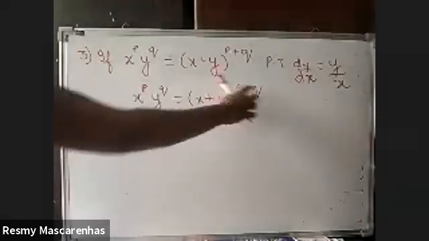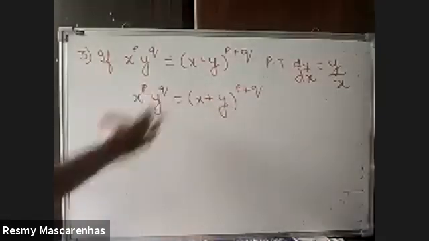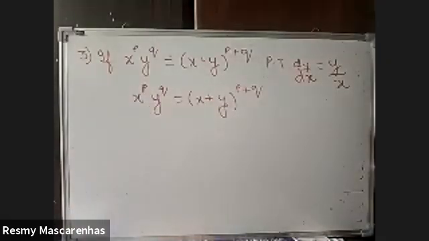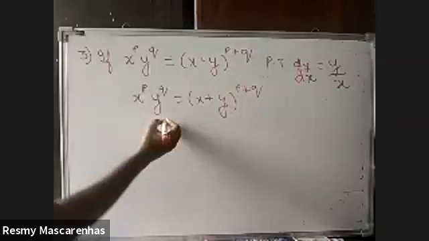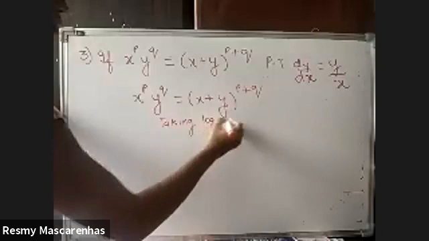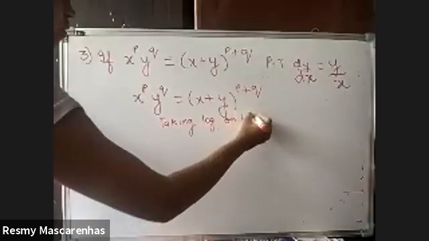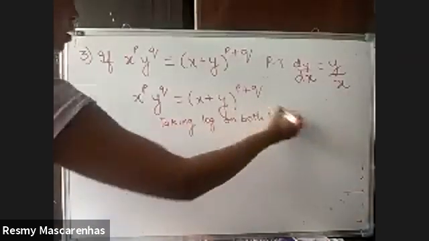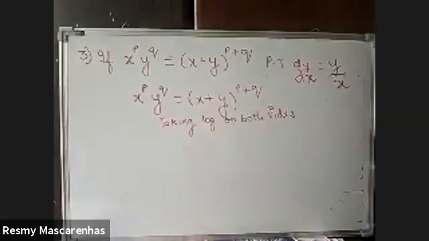So what option do you have? The better option is to always take log. So you can take log on both sides. Take log on both sides and see what you are getting.